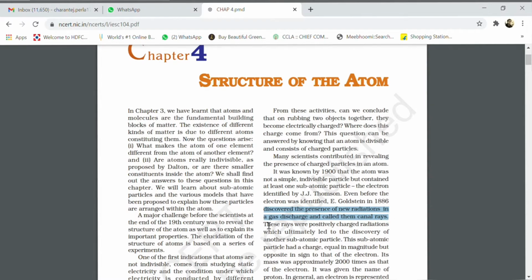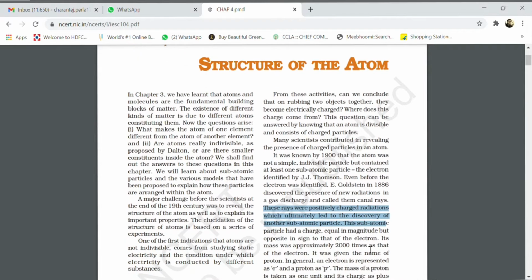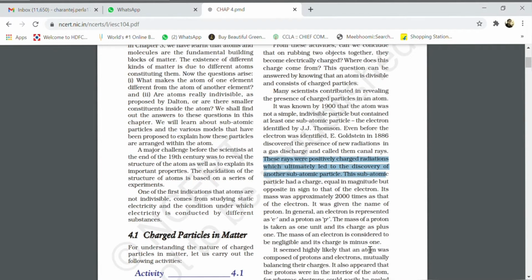These rays were positively charged, which led to the discovery of another subatomic particle named the proton. The electron was about 2000 times lighter than the proton. The electron was negatively charged and the proton was positively charged.